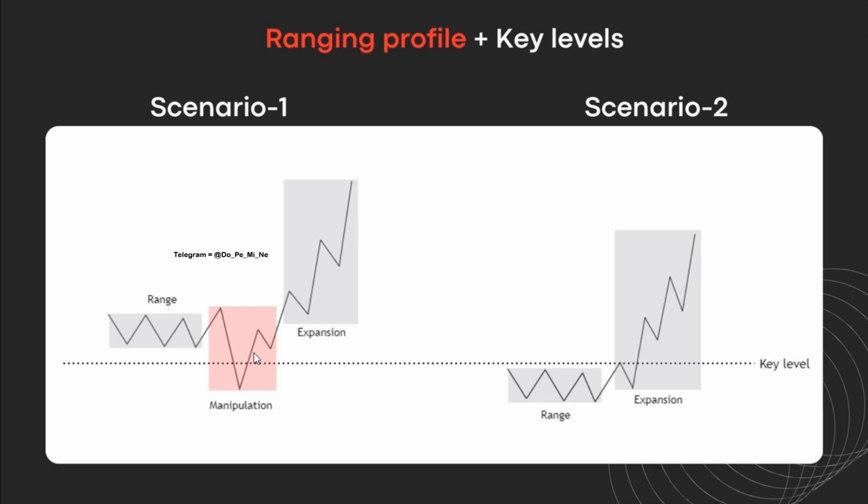Now, in the other one we expected a manipulation profile because, as I said, the key level wasn't tested, and price first had to test a key level as a catalyst for it to expand higher. That's why we expected a manipulation profile. But in this case, we already have tested a key level in the ranging profile, so there is no need for a manipulation to occur. Here we can straight away expect an expansion profile, right?